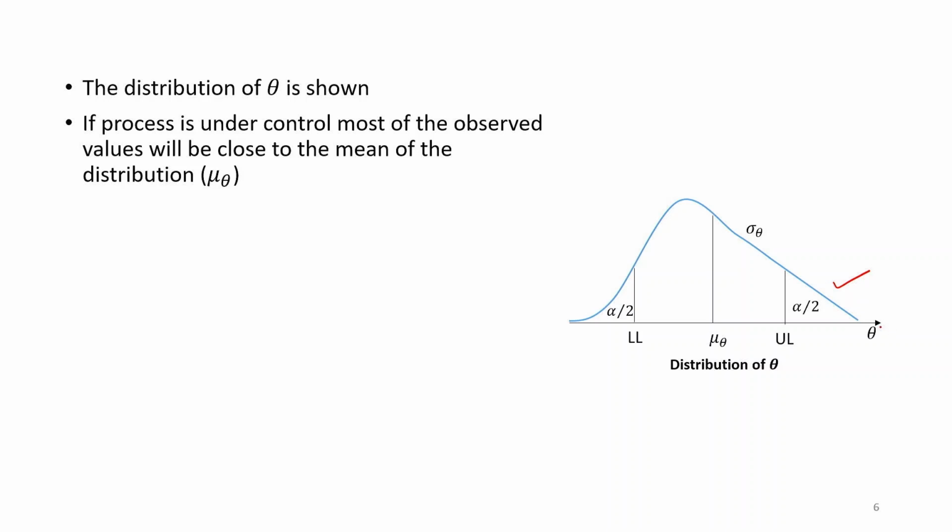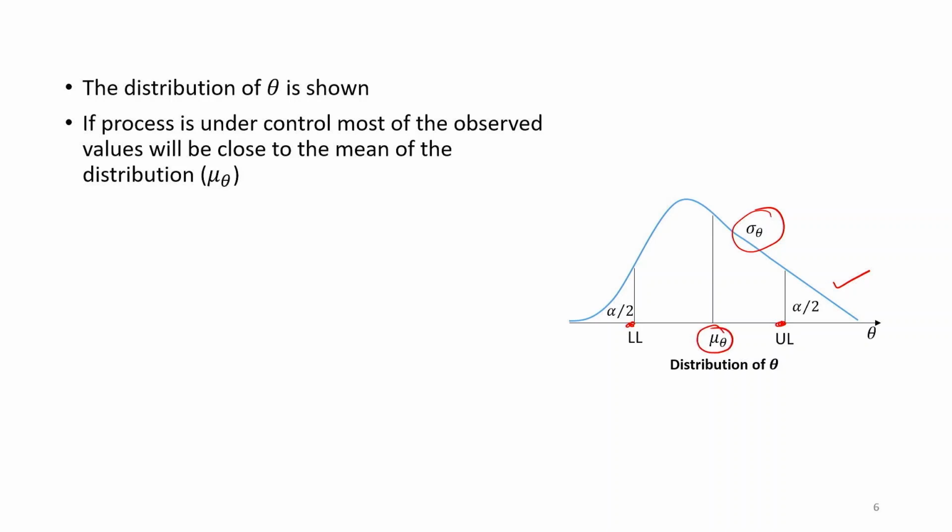Theta is this side, and on the y-axis we have frequencies, or it could be relative frequency. And here we have a point, and there we have a point in the graph. This is the standard deviation of theta. Here the mean is lying.